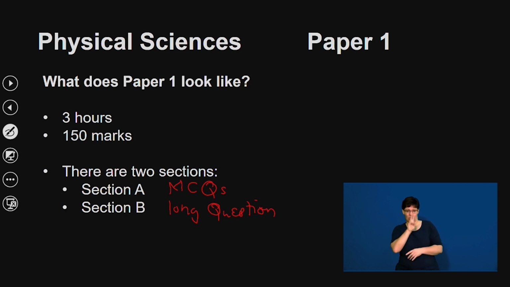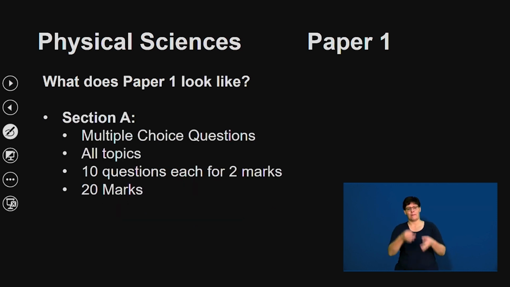But let's delve deeper into the nuts and bolts of what exactly entails our paper 1. Section A, which is the multiple choice, okay, 4 options will obviously be provided, but it takes a bit of skill, a lot of thinking, a lot of application.